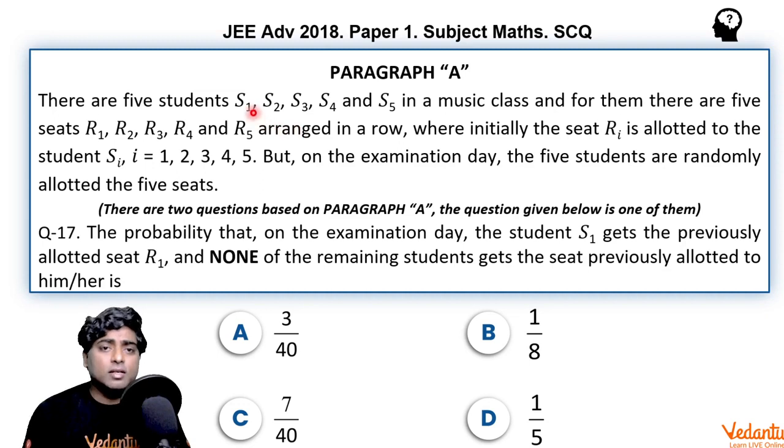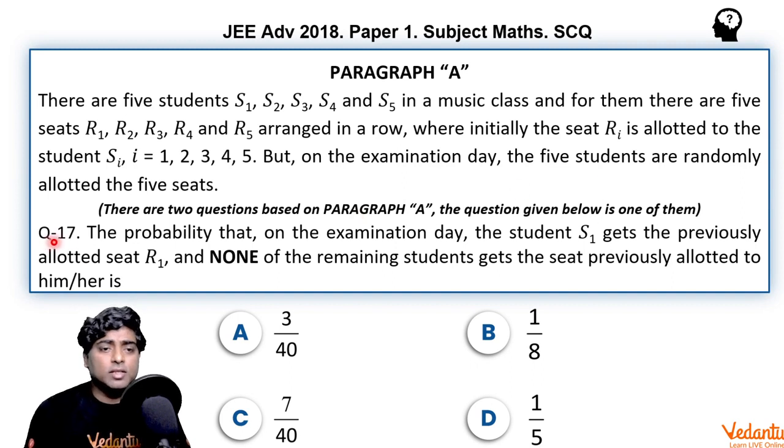Means originally the seat of S1 is R1, S2 is R2, R3 was allotted to S3, R4 allotted to S4 and R5 allotted to S5. But on the examination day, they sit randomly to these places.